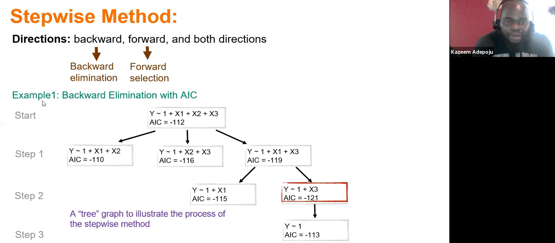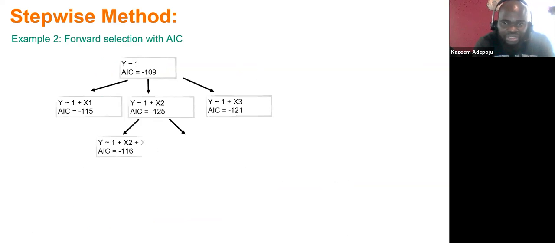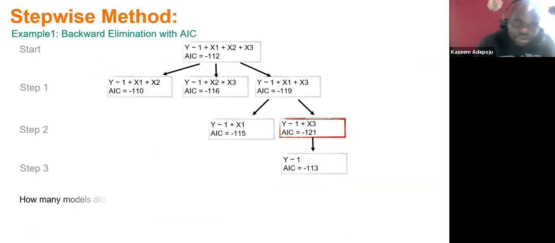The backward agrees with the model with the predictor x3. You can see that there's a conflict. We're using the same data set, and the backward elimination and the forward selection actually agree on different models. I think you can see that now. Now let's go to the stepwise.